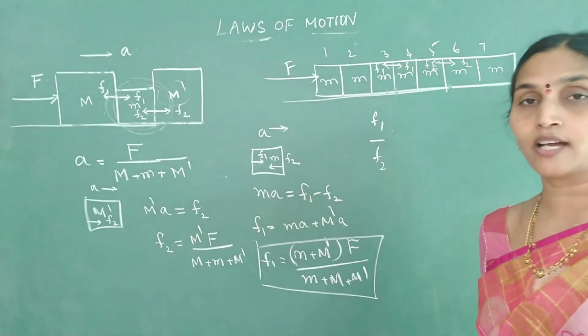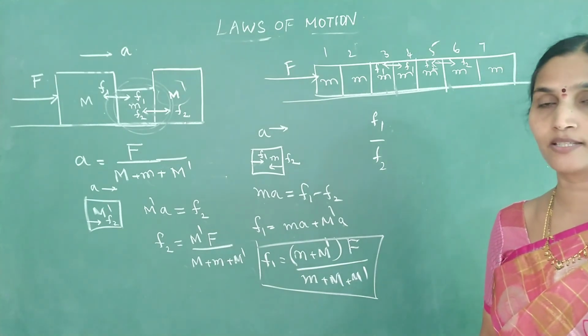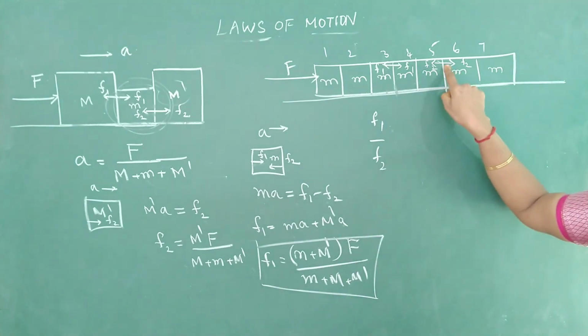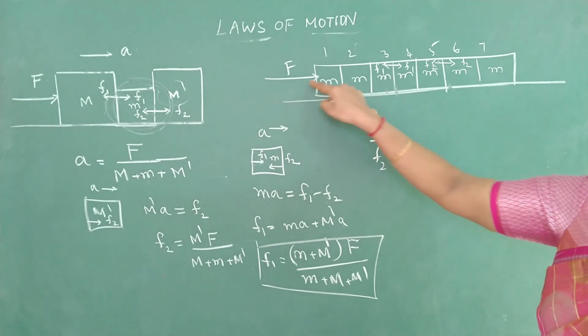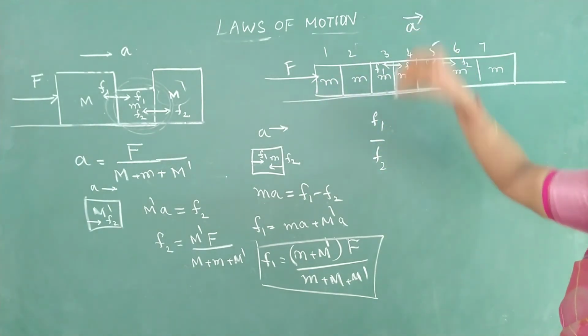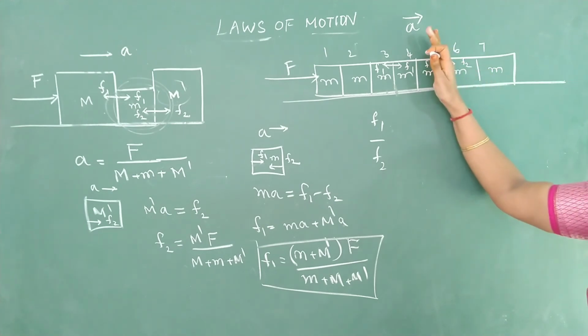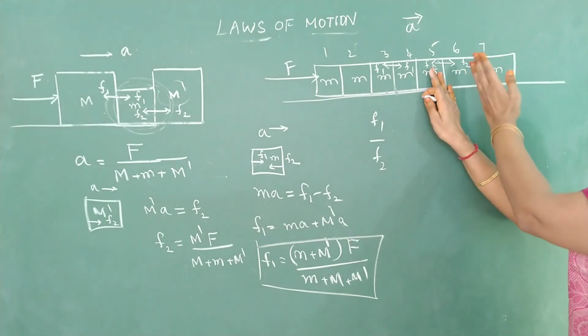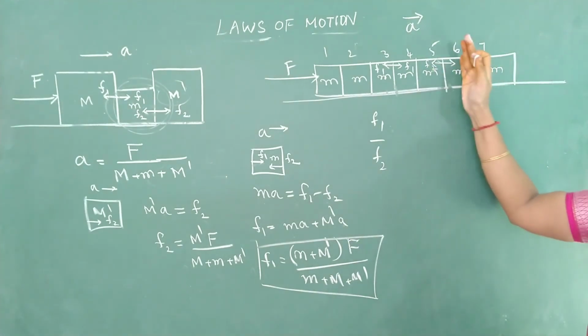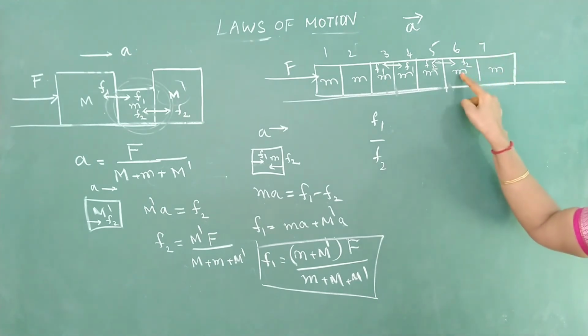Okay, you don't have to write the equations, free body diagram, etc. If you want to find F2, we know that this system will have a common acceleration A. How to get the value of F2? If I need the value of F2, the remaining masses which are on this side, what are the masses?